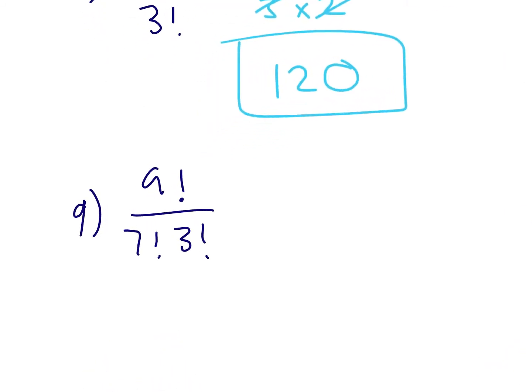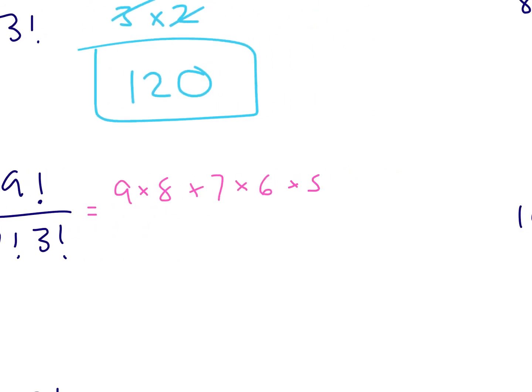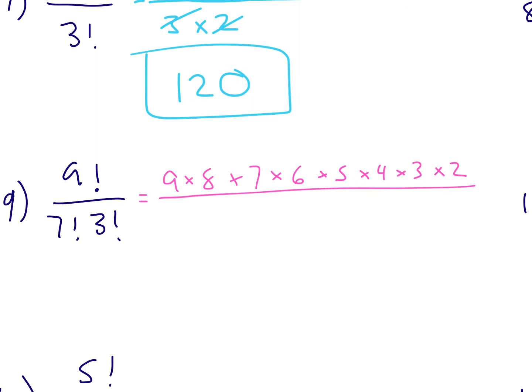All right, let's do number 9. We have 2 numbers on the bottom here. So the top is 9 times 8 times 7 times 6 times 5 times 4 times 3 times 2. The bottom is 7 factorial times 3 factorial. You can't multiply 7 times 3. It does not work that way.